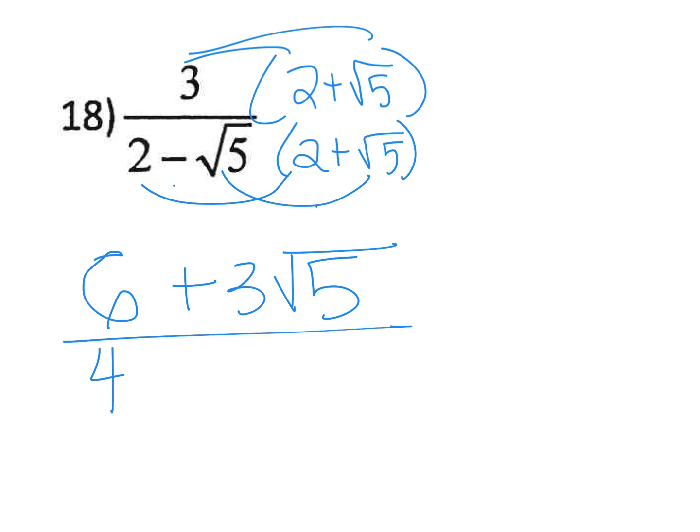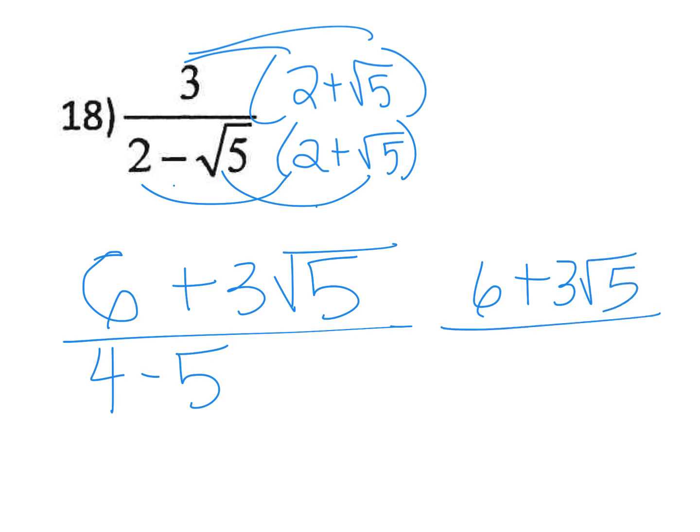So I know that a pair of 5s are going to come out of that, and it's just going to turn into a negative 5. So I can say I'm going to rewrite that 6 plus 3 radical 5 over 4 minus 5, which is going to give me a negative 1. So remember, I can't have a negative in my denominator.